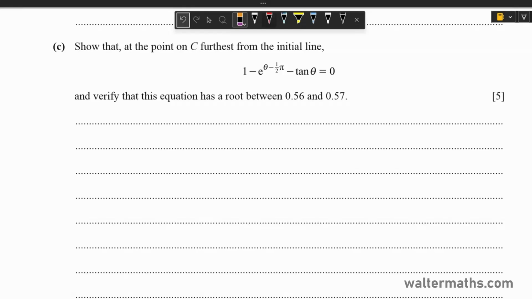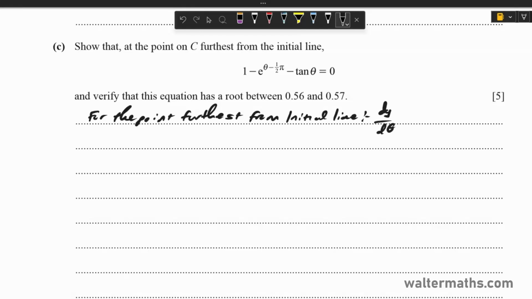Now here we're talking about a point on C furthest from the initial line, and you need to know that for the point furthest from the initial line, dy by d theta is equal to 0. All right, so this is something that you need to know.